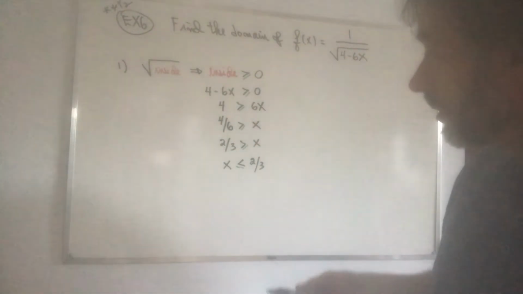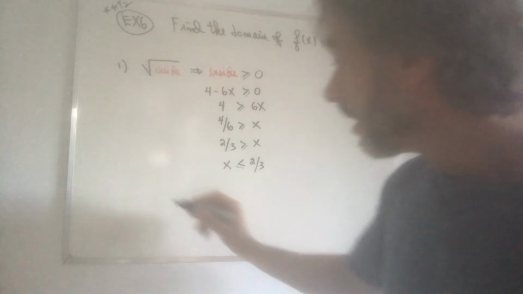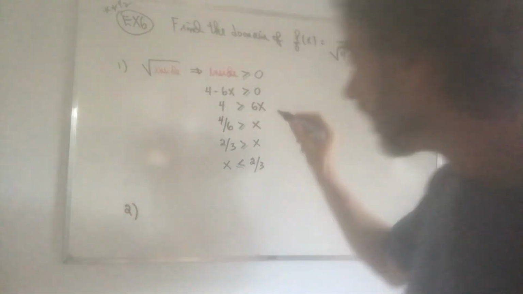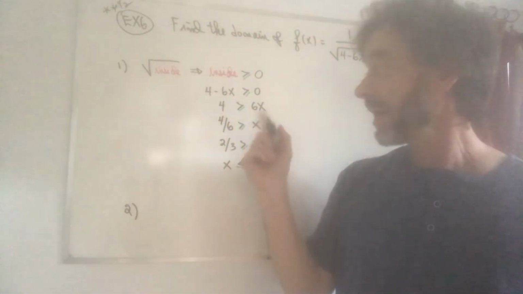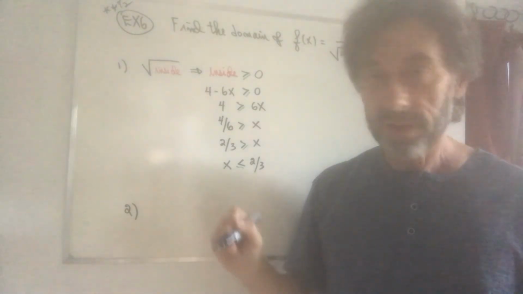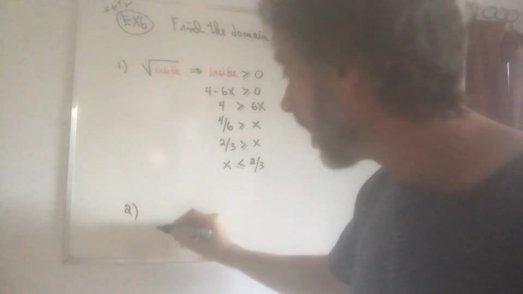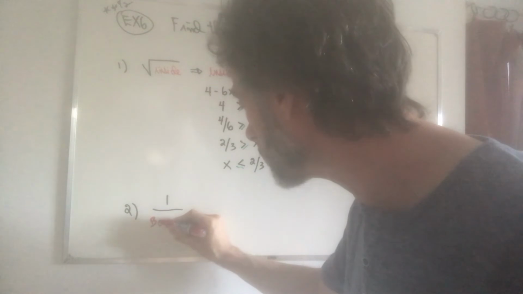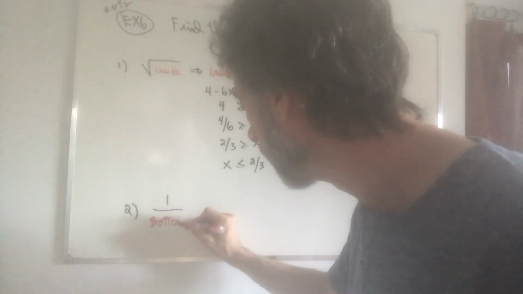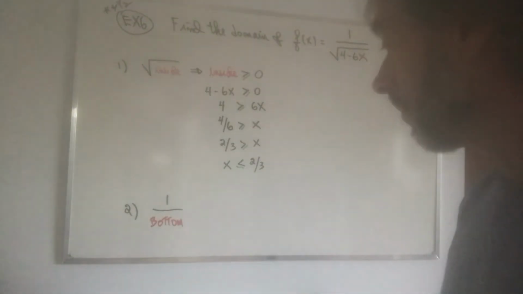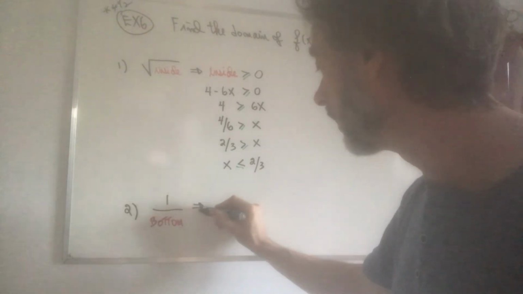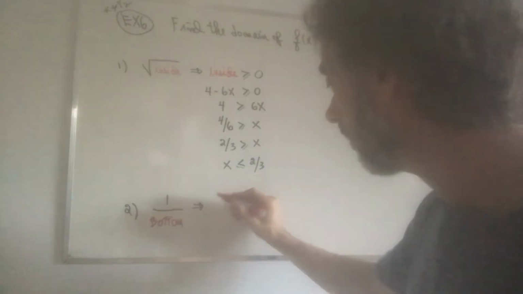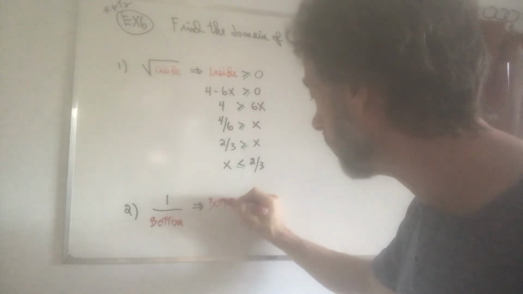So that seems to be the domain of my function because I basically took care of the inside of the root, and then it should be this, right? But attention here, and that's why I put the greater or the less than in green. I can't have the denominator 0. So I have 1 over a bottom, but I do not want the bottom to be 0. So here, the bottom cannot be 0. So that means that my root cannot be 0.